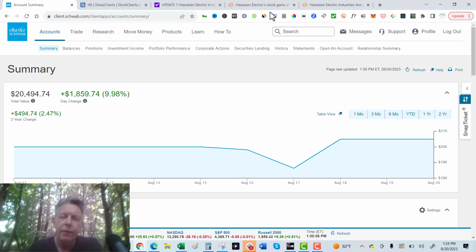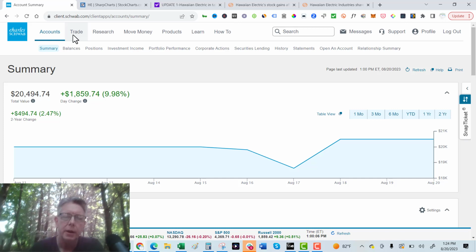So while I'm waiting for the margin and the options authority to be able to trade the account, primarily using options, the opportunity I couldn't let go. I'll go over the chart of Hawaiian Electric in a moment, but let me first show you the trade confirmation so you know exactly where the money came from. I didn't deposit any new money, so we want to be very, very transparent here.